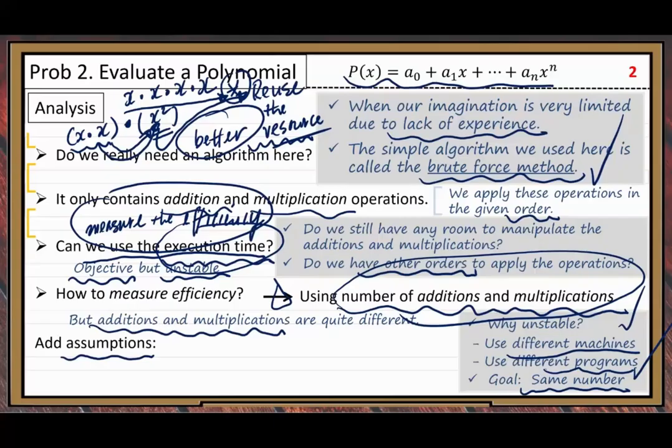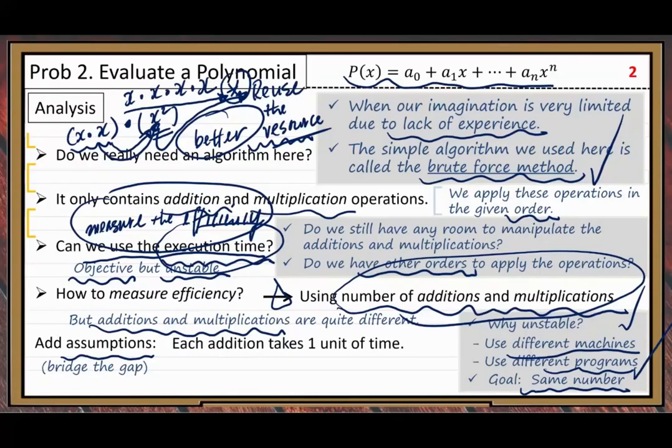So what kind of assumptions we want to make here? Because here there is some difference, we want to try to bridge the difference between addition operation and a multiplication operation.